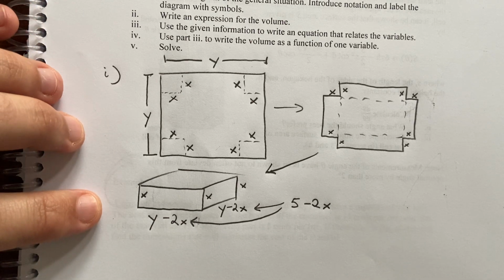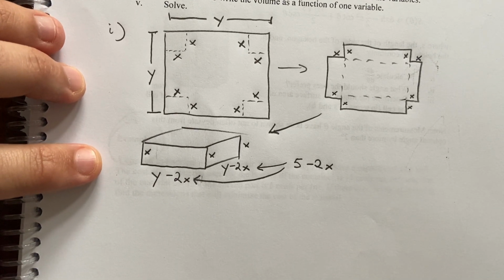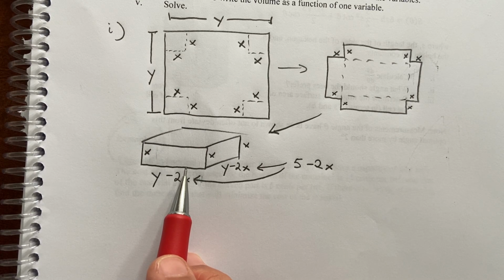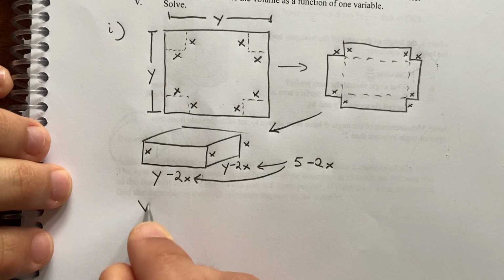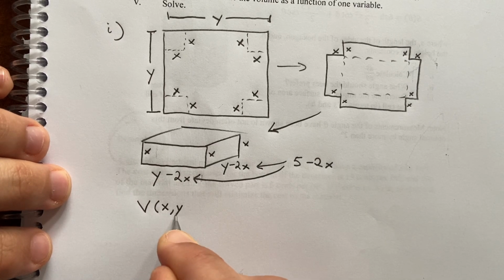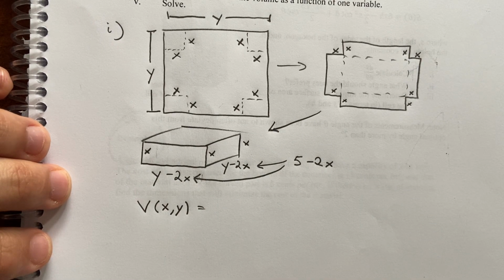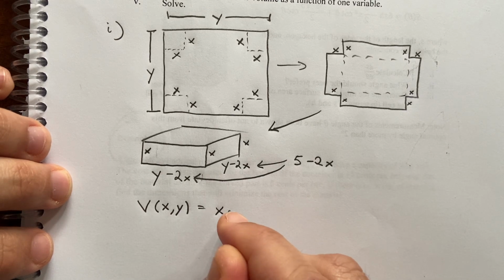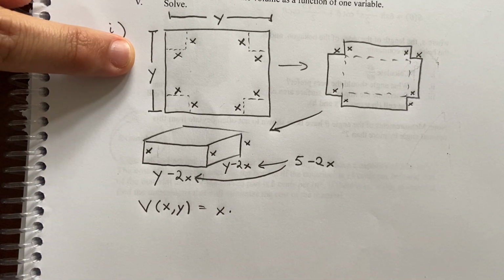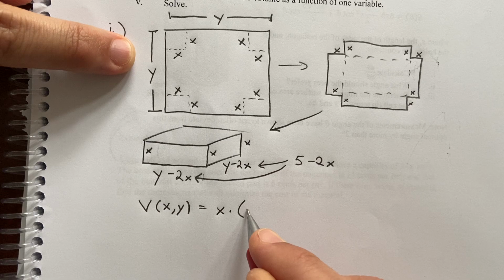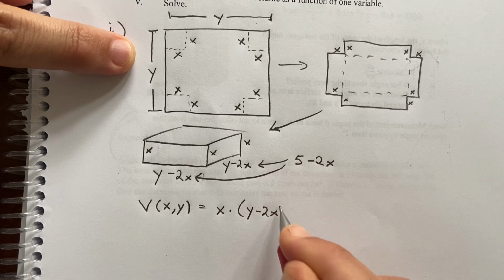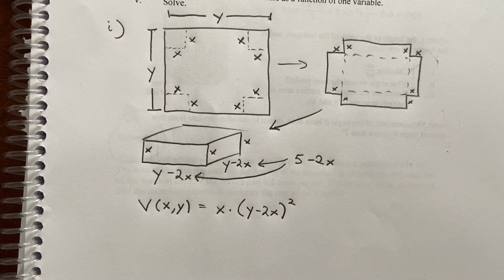So the volume of this box as it originally appeared would have been the volume as a function of x and y, which would be x times y squared. Well, technically it'd be x times (y minus 2x) all squared.